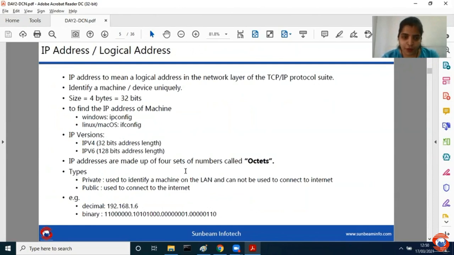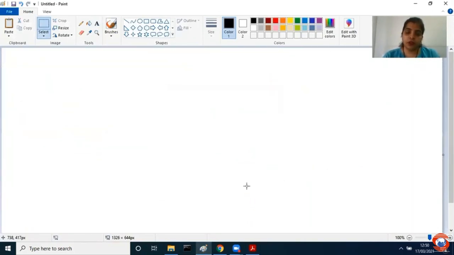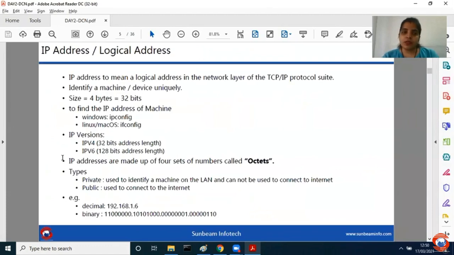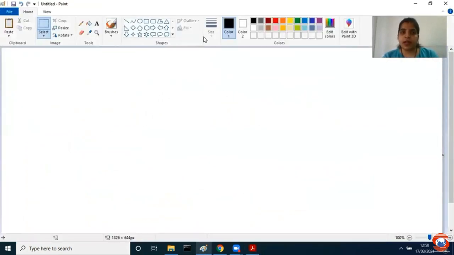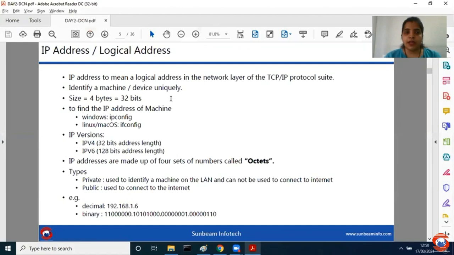Have you understood? Okay. Now, as we say, we cannot share the MAC address. That's the reason every machine is given one specific address, and that is called as IP address. Now, what is IP address? IP stands for Internet Protocol Address, or it is also called as logical address.